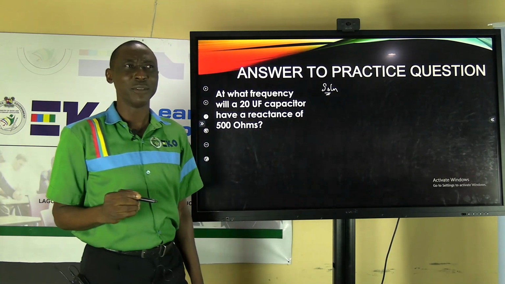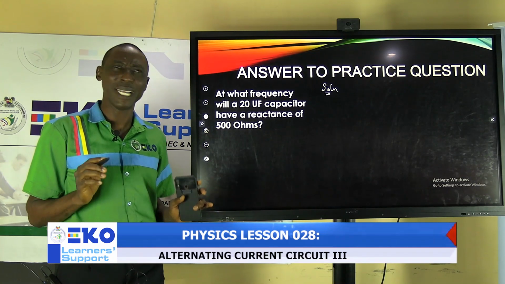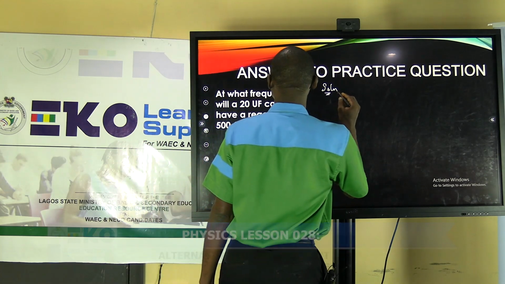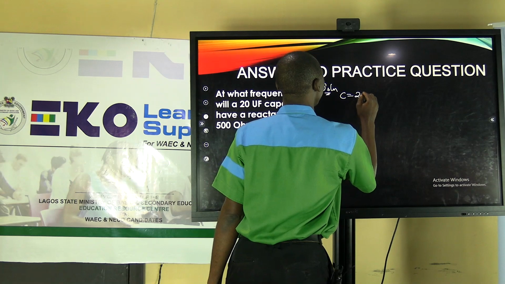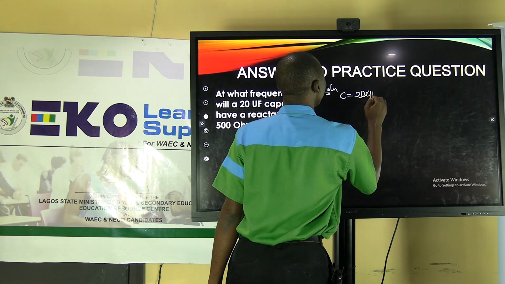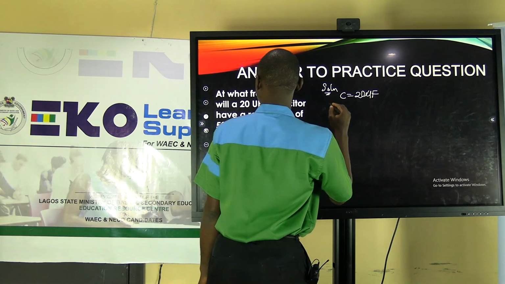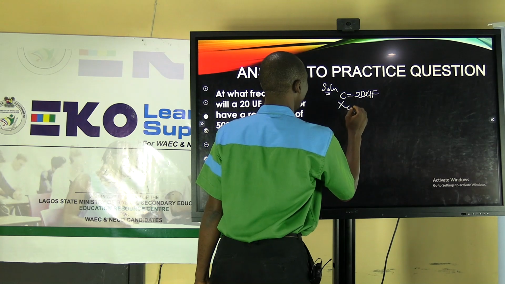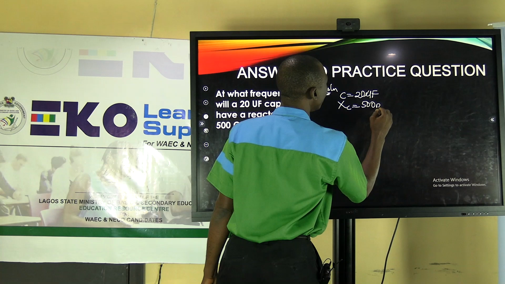What are the data given? For you to understand it, write out your given data. Number one, we are given a capacitor of 20 microfarad. We are also given capacitive reactance, that is X_C equals 500 ohms.